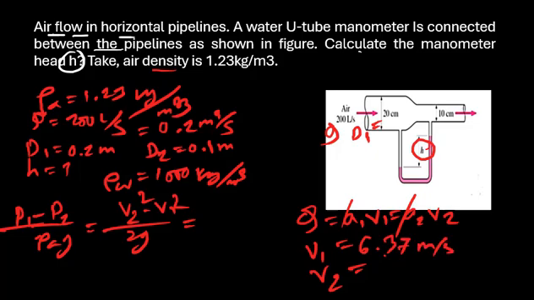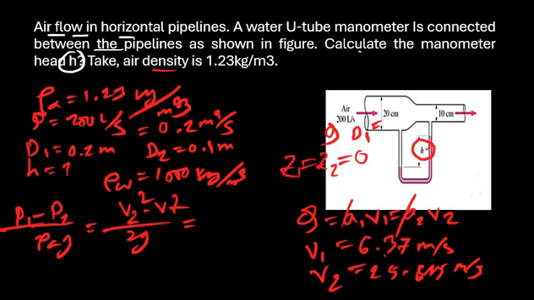What will be V1? V1 is 6.37 meter per second, and V2 is 25.46 meter per second. Also Z1 equal to Z2 equal to 0, because the pipe is horizontal.